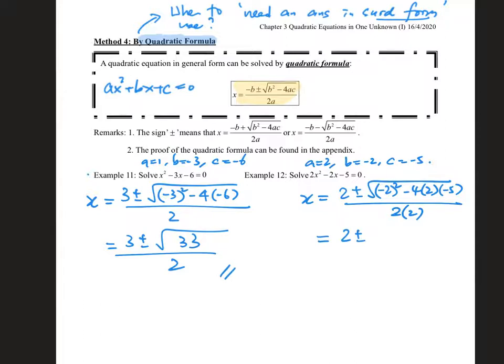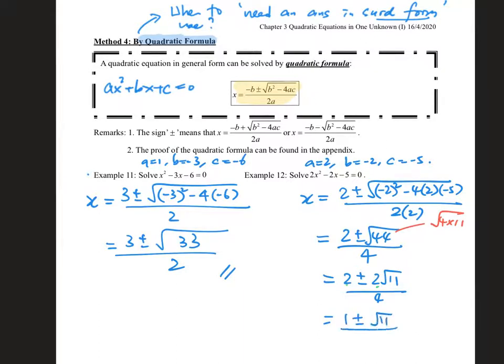Let's try together. It's 4 minus 4 times 2 times minus 5, so it gives you 44. 44 square root over 4. But for this answer, you have to be careful because 44 can be written as 4 times 11, so the square root is 2 square root 11. So that's why you can simplify it as 2 plus or minus 2 square root 11 over 4. And the two 2's can be cancelled out with the 4 at the bottom. Gives you 1 plus or minus square root 11 over 2 finally.